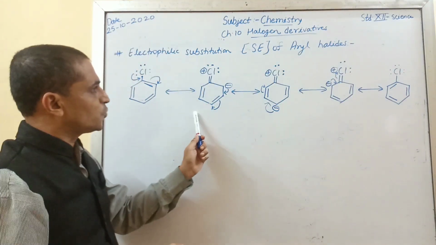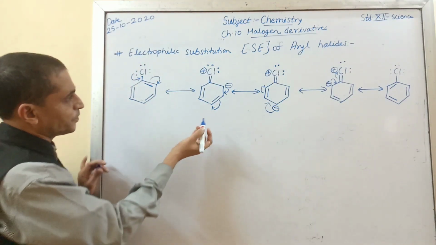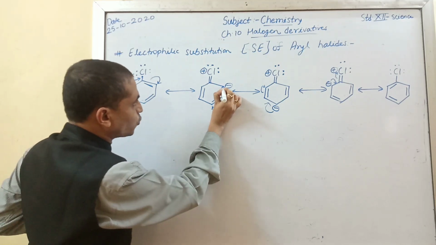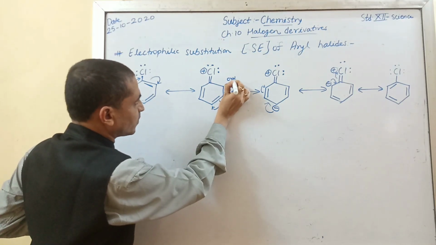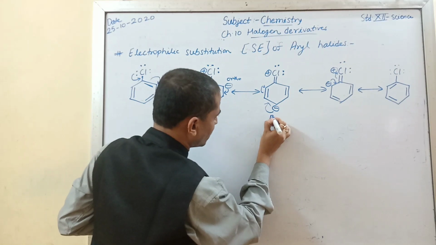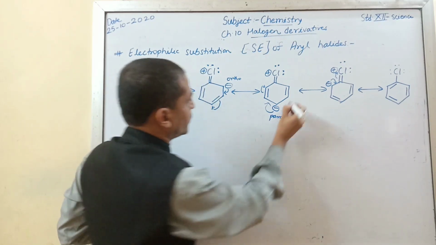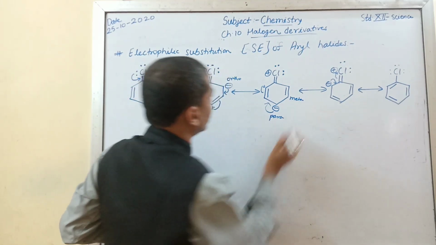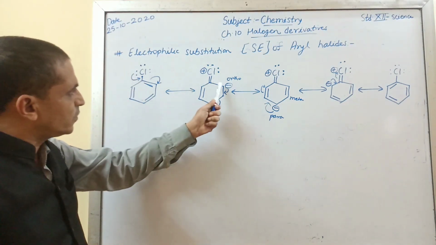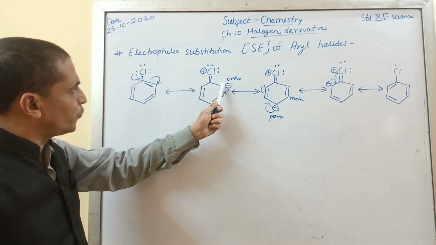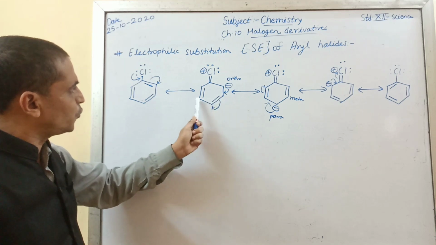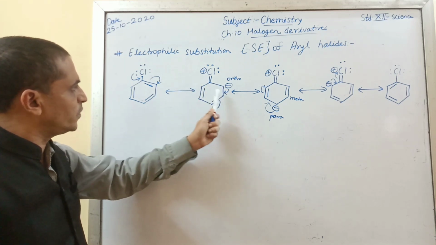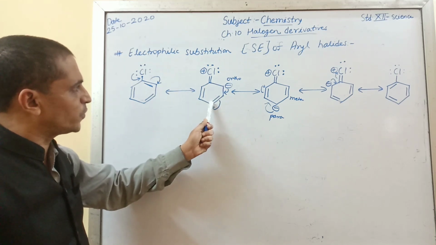These are the resonating structures of chlorobenzene. Now see, this is the ortho position, this is the para position and this is the meta position. You know that these are ortho positions, these are meta positions and this is the para position.